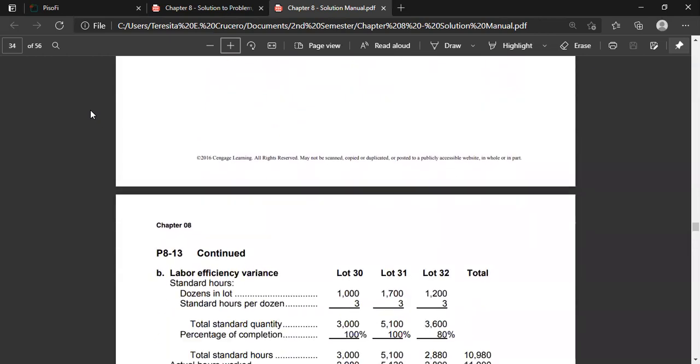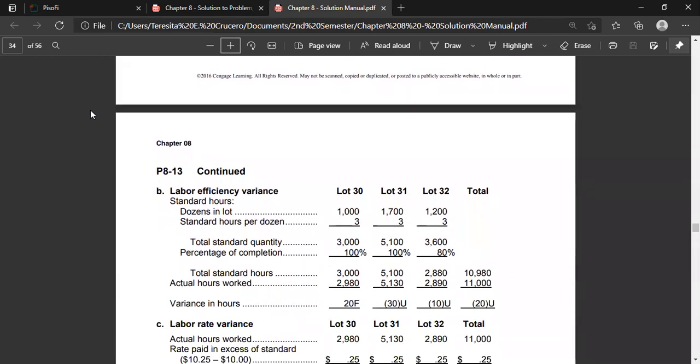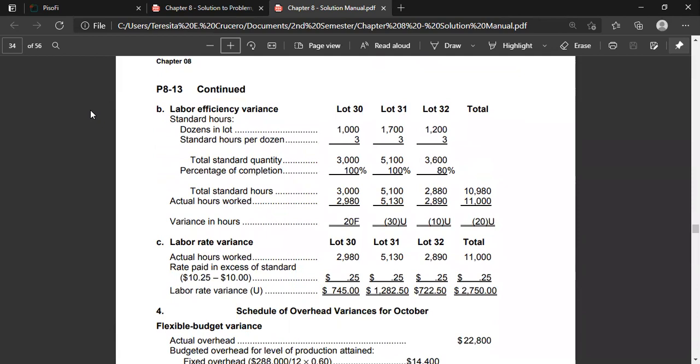Okay, so we now go to the continuation of problem 13 for the schedule 8-13 for labor efficiency variance. Okay, for here labor efficiency variance for lots 30, 31, and 32.